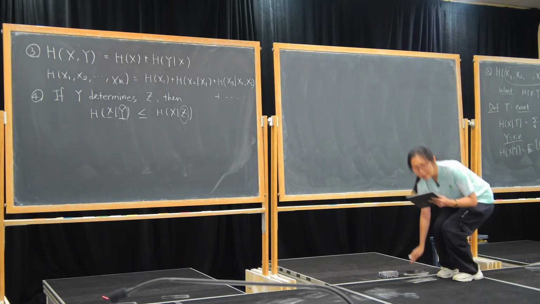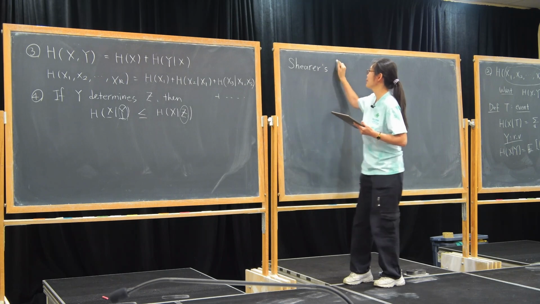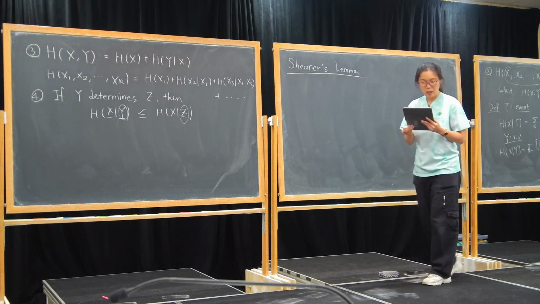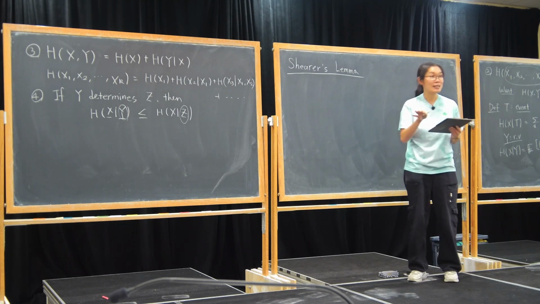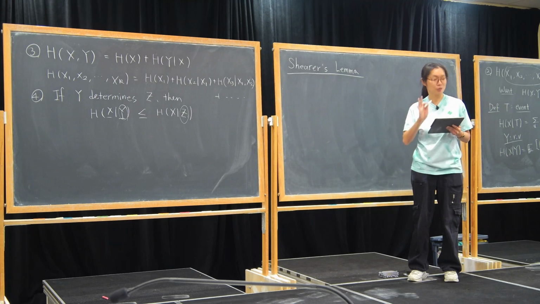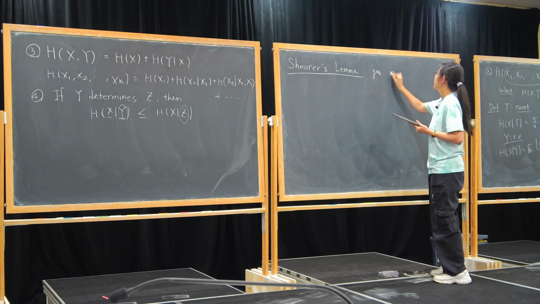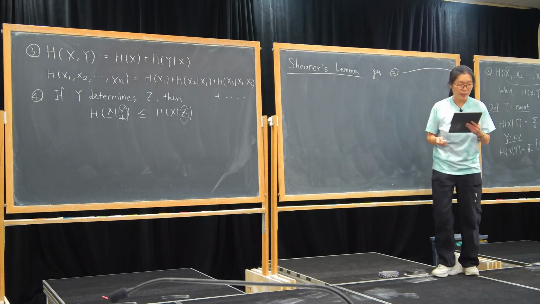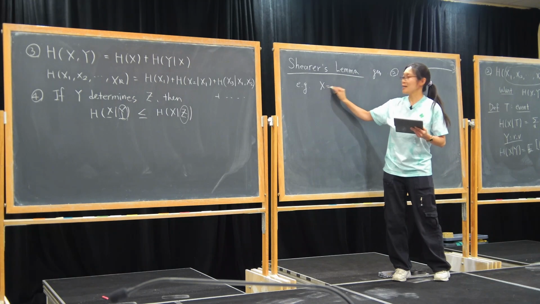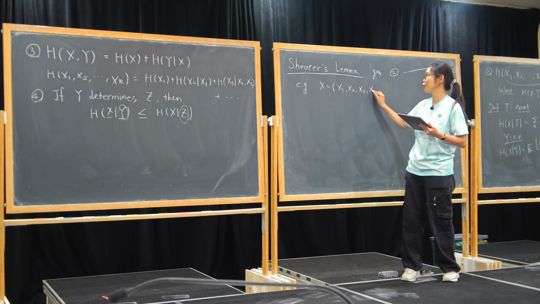The last thing is a pretty well-known inequality about entropy, which is called Shearer's lemma. Let me give you one example of the implication of this lemma first, and then I'll give you the statement. This is basically the generalization of number 2, right over there. Let's say X consists of 4 random variables, X1, X2, X3, and X4.